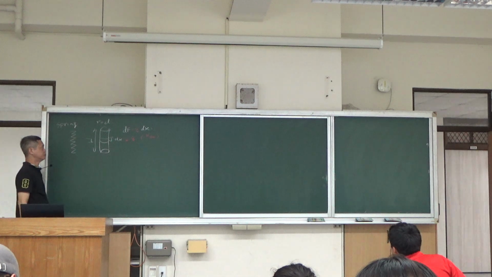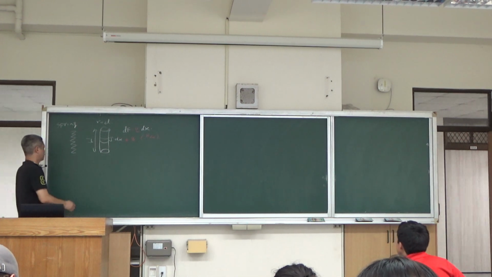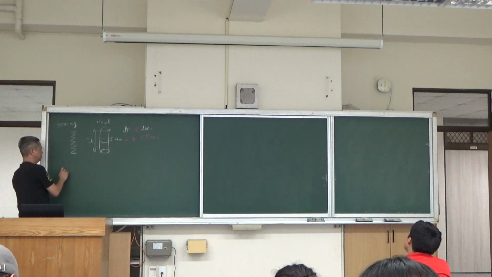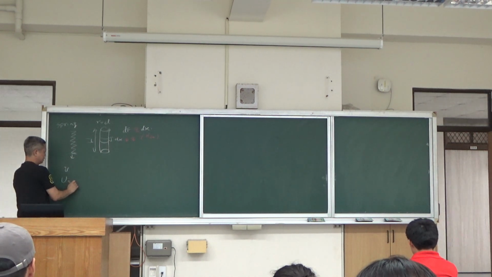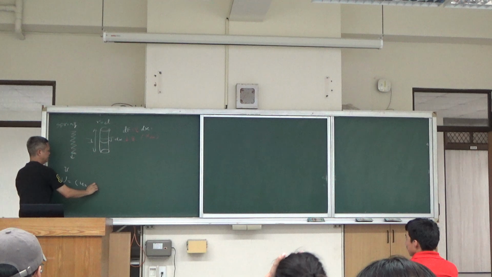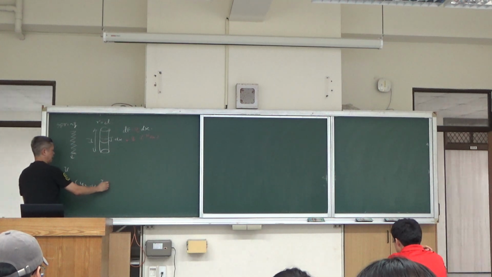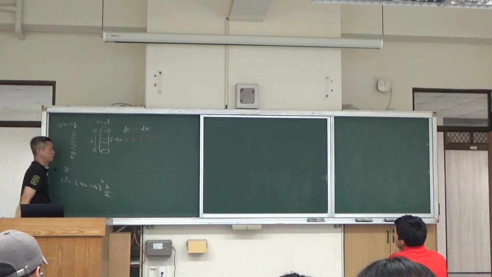And how much is the work done? Previously you learned about the tip displacement, and you also learned that the energy stored here is U2 minus U1 squared times K divided by 2.